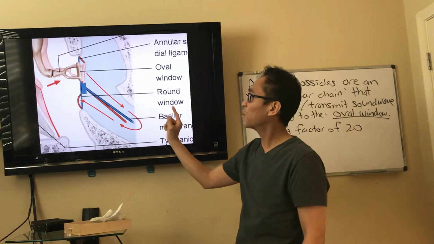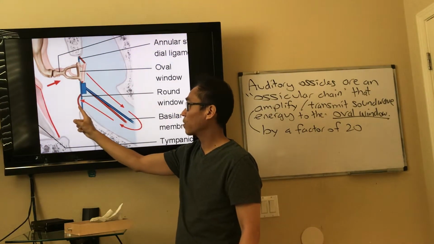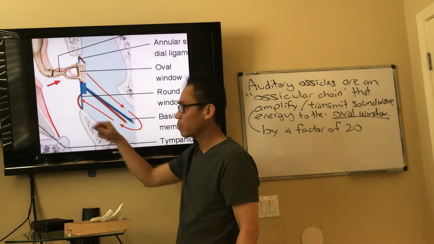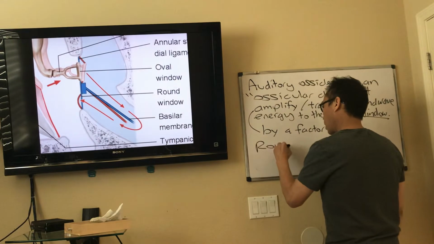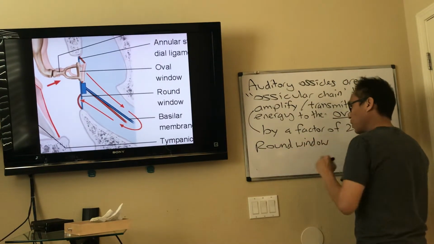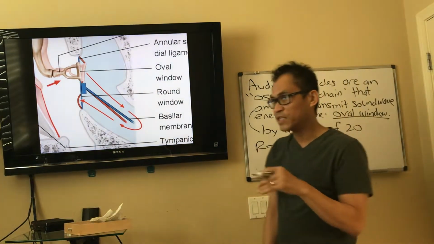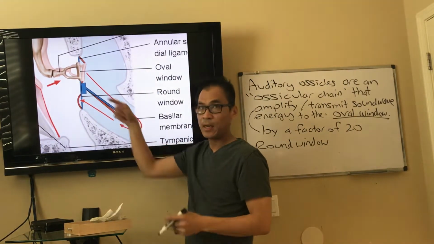But this also shows this oval window versus this window here. That's called the round window. So don't confuse oval window with round window. Round window is just absorbing that energy that the oval window is transmitting.